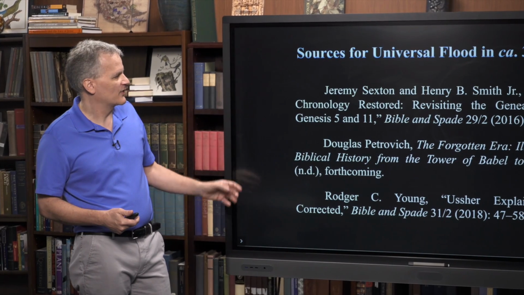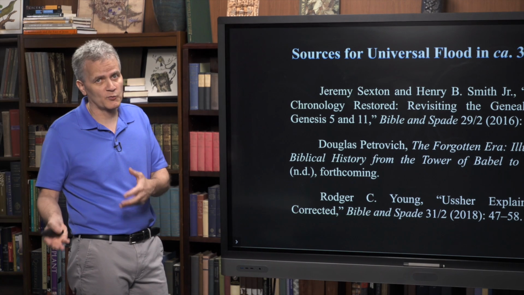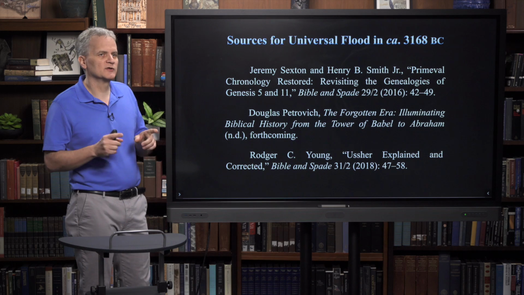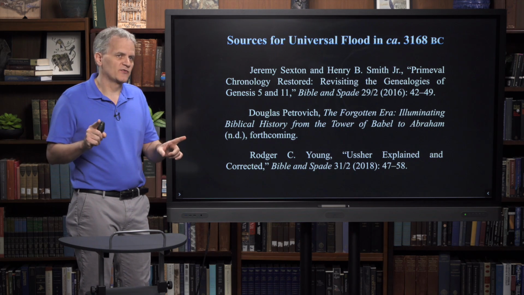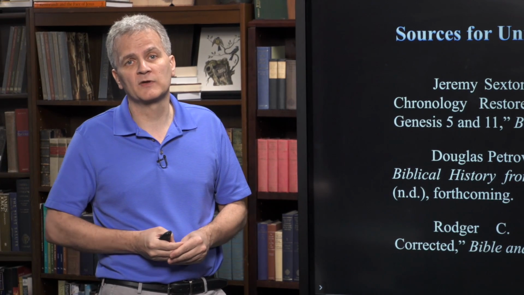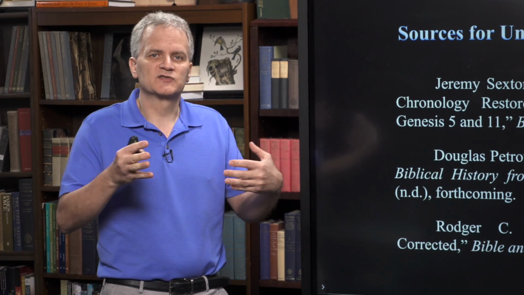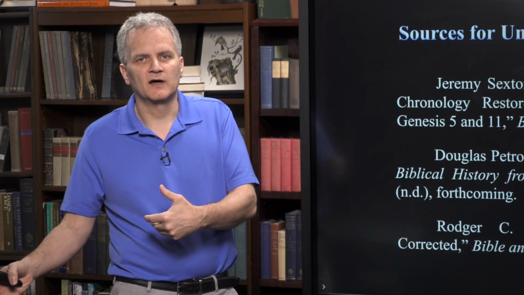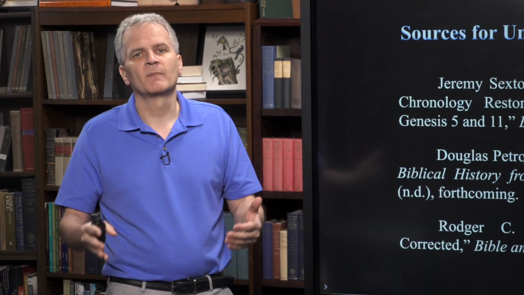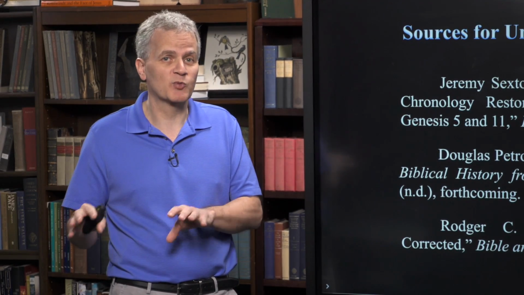So, with that chronological scheme, I want to refer you to a few sources that are going to be useful to you for reading. One of them is an article by Jeremy Sexton and Henry Smith on the chronology of Genesis 5 and Genesis 11, and really the textual variants there. Some years ago, I met with Henry and told him about my research, and I let him know that the Septuagint and the Dead Sea Scrolls reading of the chronology of Genesis 11, those textual variants, are probably correct, and the Masoretic Hebrew text is probably incorrect there.